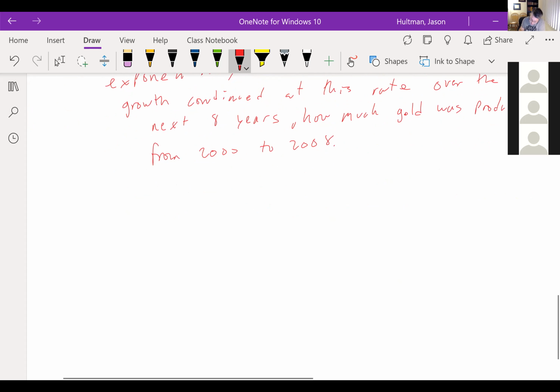Okay, so it's saying that we have our gold population growth, P naught e to the RT. We could call it a rate, R or K, it really doesn't matter. Either way, we want the accumulated amount.